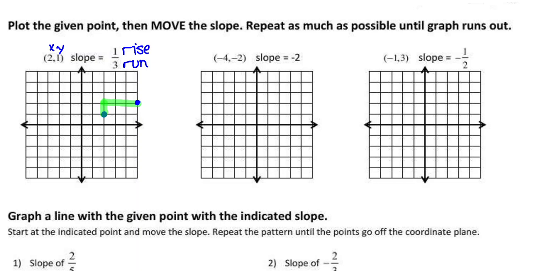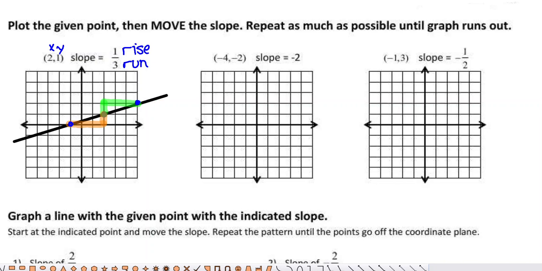The same thing holds true here: I can change the signs, so instead of going up, I can go down, and instead of to the right, I could go to the left. I could do the opposite slope, down 1 and left 3, and put my point here, because they would all be on the same line. My slope is positive, and that line does have a positive slope.